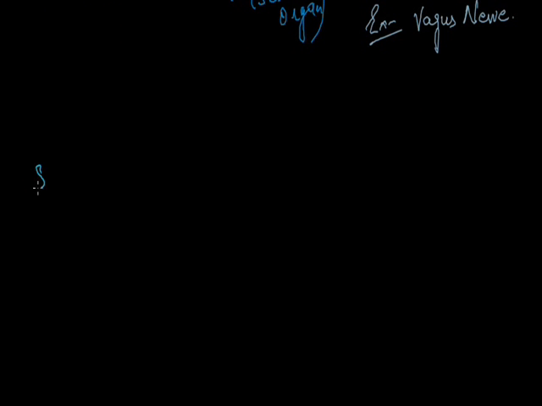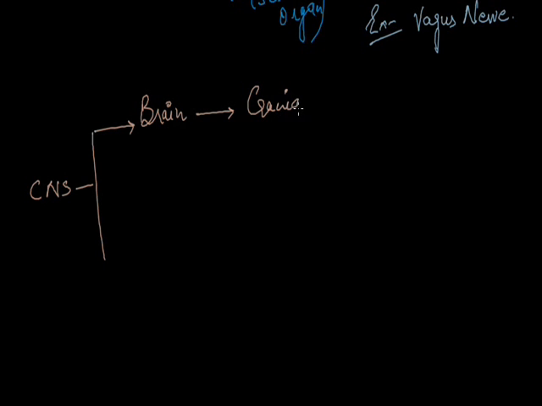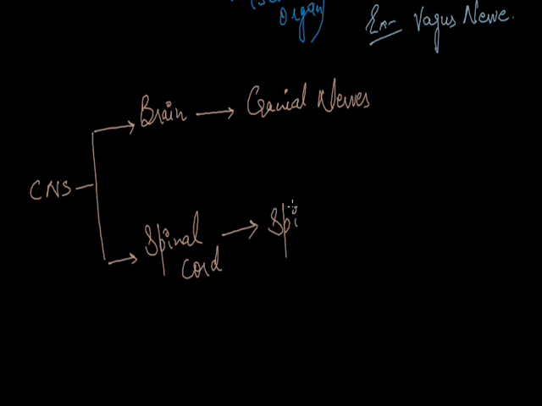In the CNS, the nerves present in brain are known as cranial nerves, while in spinal cord are the spinal nerves.